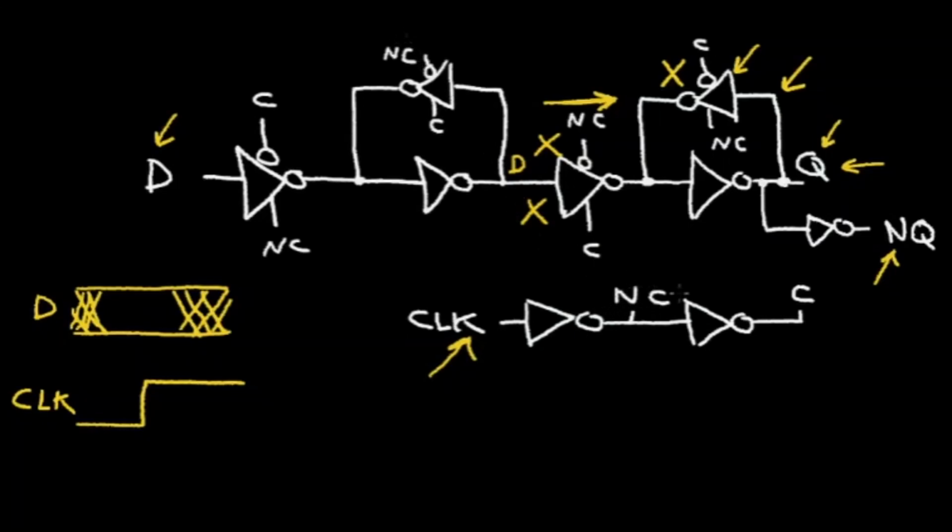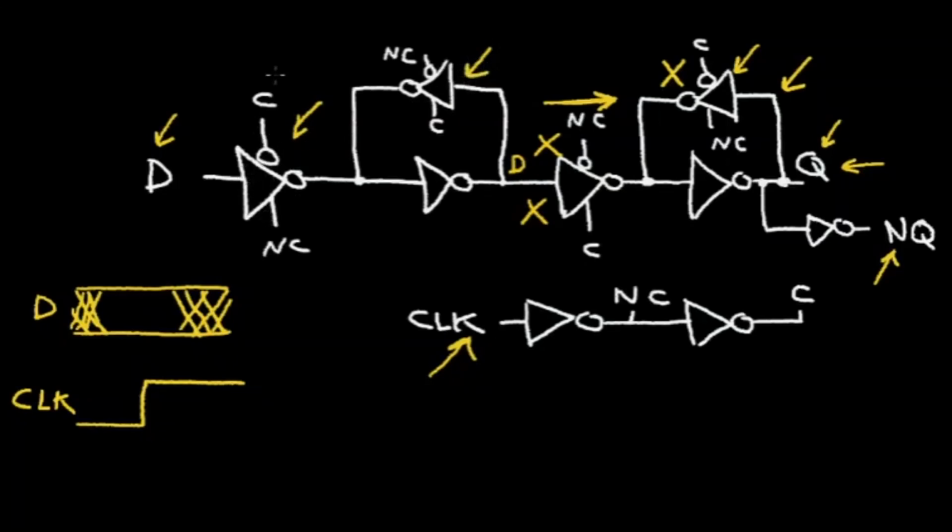I've not drawn in all the wires. The C signal is connected by name, so the connection is inferred by the name. So I don't need to draw all these wires. It would be rather messy. But one thing to notice is that this input tri-state driver is in the opposite state of this latchback tri-state driver.